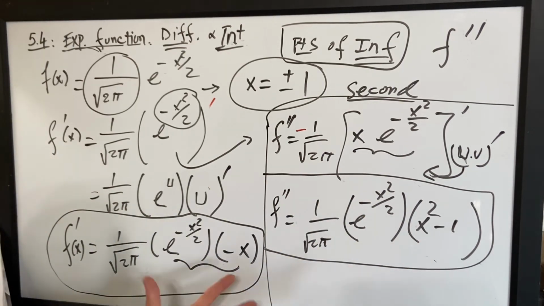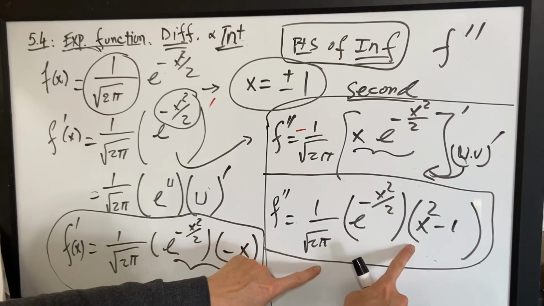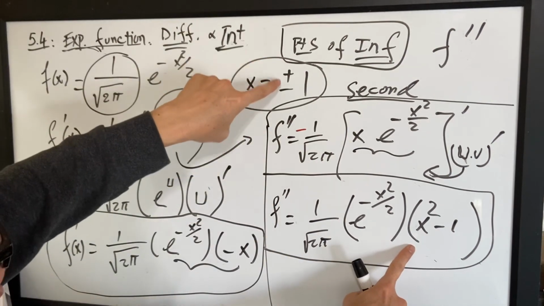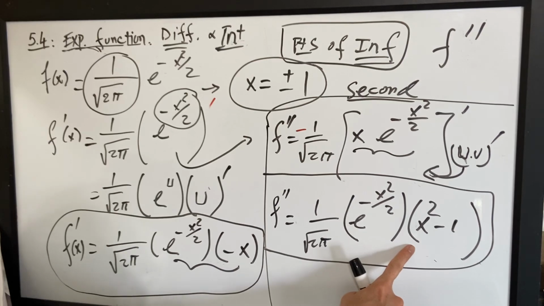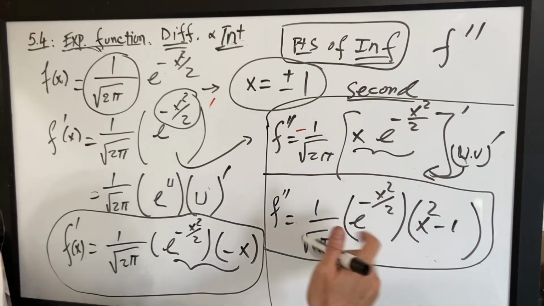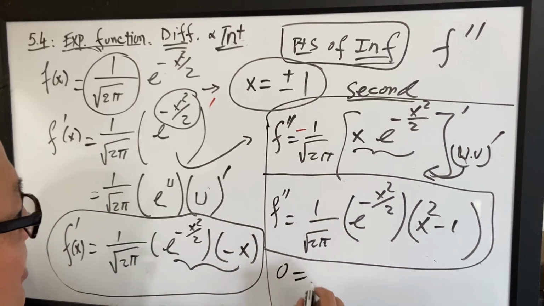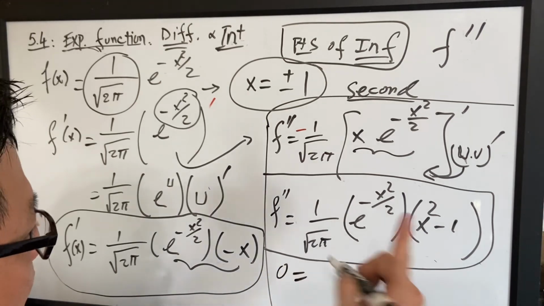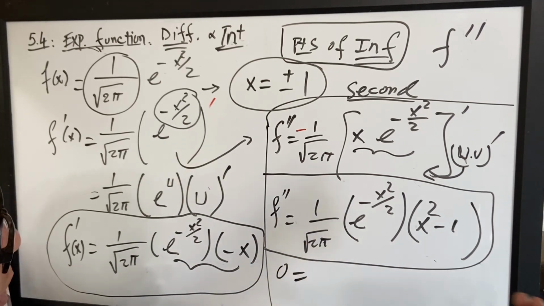Now look. How do I show that the function has 2 points of inflection? Can anyone shout out? Yeah, that's right. You said this equals 0. Thank you. Points, plural, because this is a big problem. Here we go.